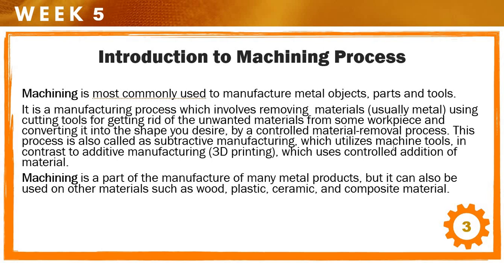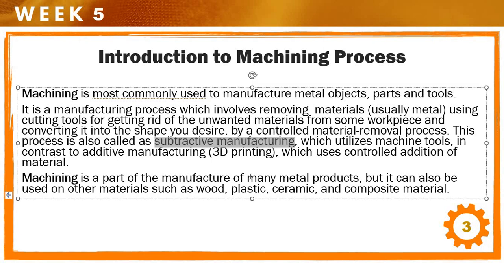So how do we remove material from a metal workpiece? We use cutting tools to get rid of the unwanted material, to convert it into our desired shape. This process is also called subtractive manufacturing.